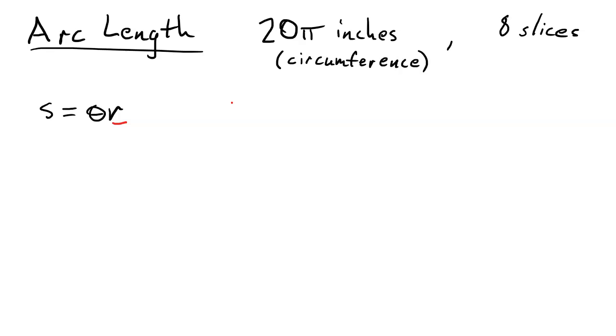So when we wanted to solve for r, I gave you that the circumference was 2 pi r. Let me rewrite this. 2 pi times r. And I gave you that the circumference was equal to 20 pi inches.